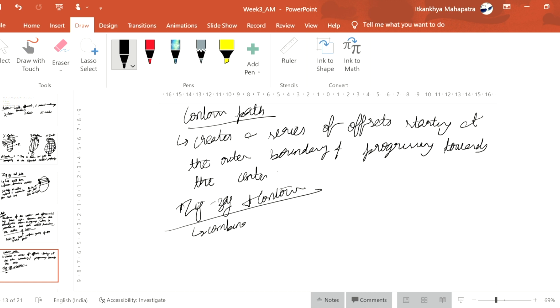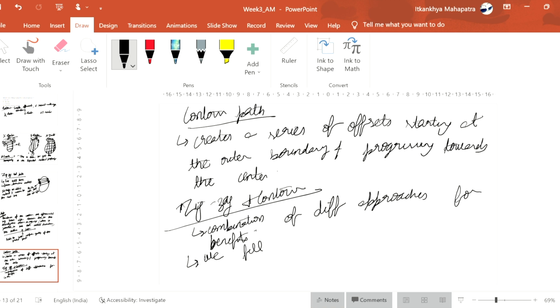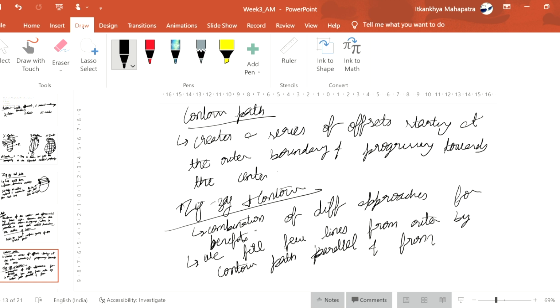It is a combination of different approaches for printing benefits. Here we fill a few lines from the outer boundary by contour parallel path, and from inside we use zigzag.